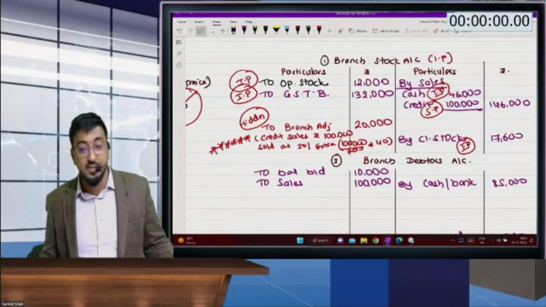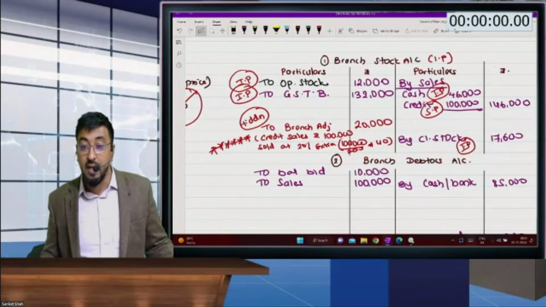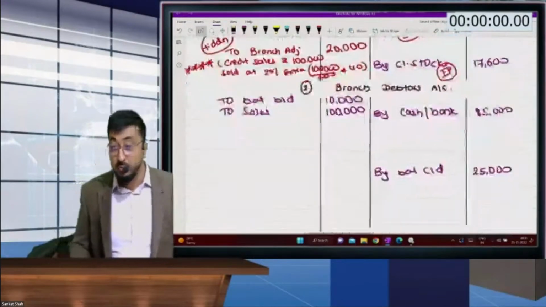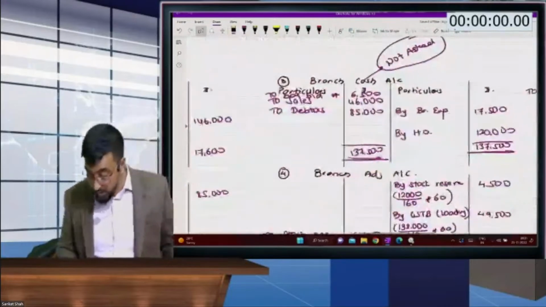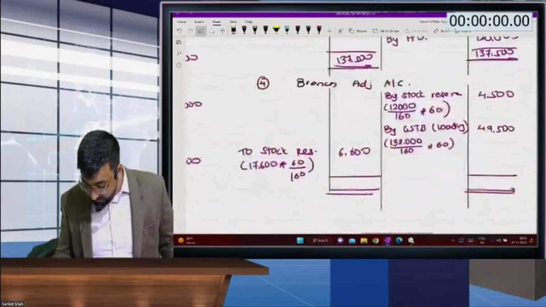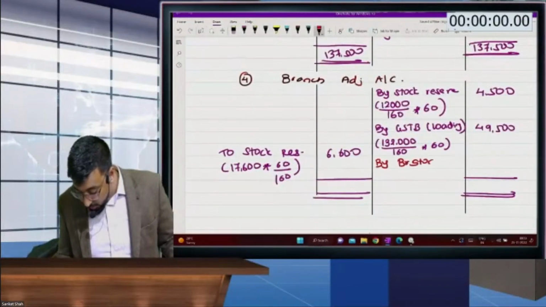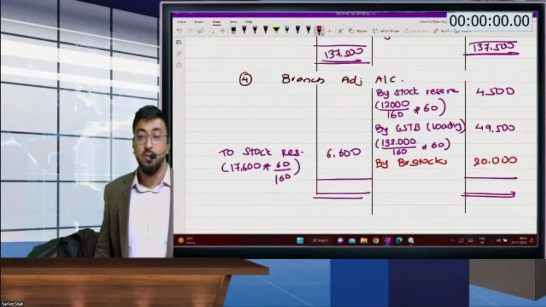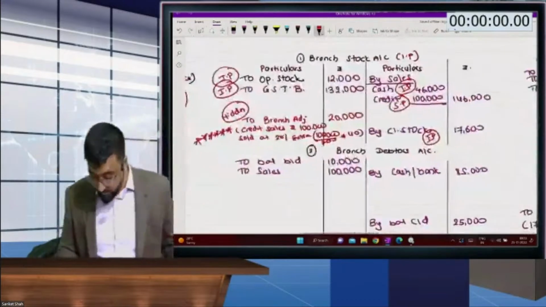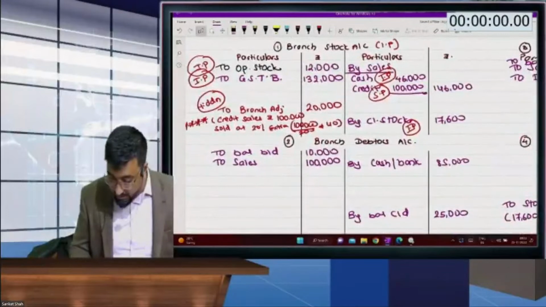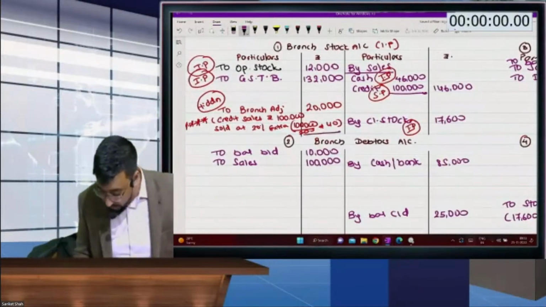So please mark this IMP adjustment and now write down in branch adjustment account on credit side, by branch stock 20,000. And now the balancing figure. Now see the balancing figure. Are you getting the tallied figure or not?